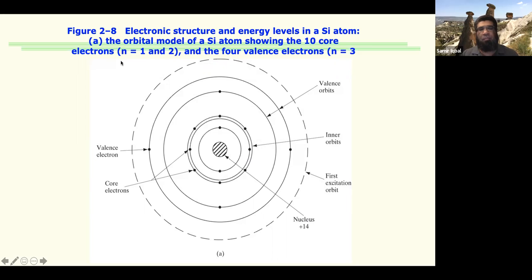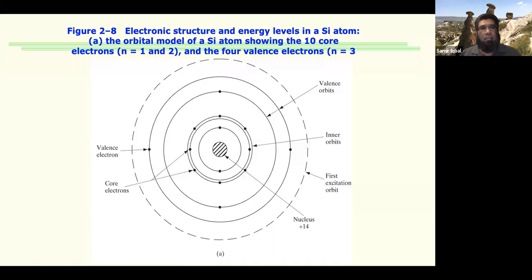For silicon. So you can place them 2 in the first orbit, then 8 in the second orbit, and in the second orbit you have 2 suborbitals, right? And then you have 4 in the third orbit. And in the 4 you see there are again 2 orbits. Instead of making them discrete 3 orbits, we are showing you suborbitals now for each orbit.